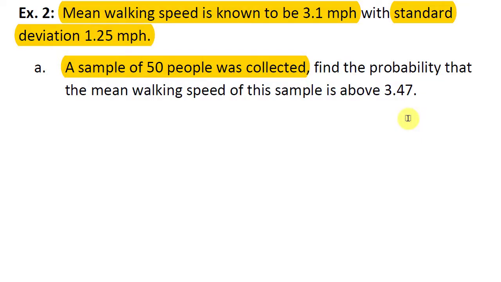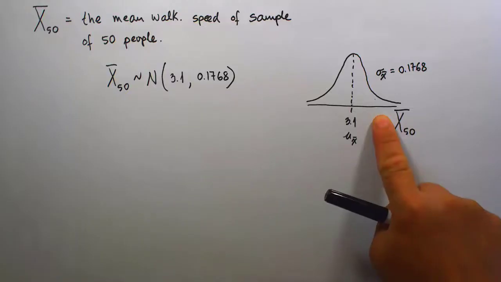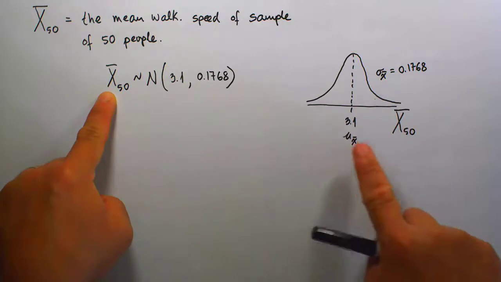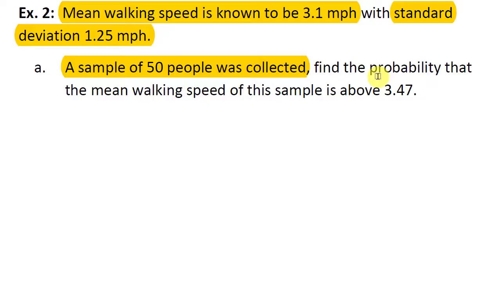Back to my computer screen, we're now ready to answer our actual question of part A. The foundation here is that we know we're on a bell curve. This distribution of sample mean, size 50, is on a bell curve. So find the probability that the mean walking speed of this sample is above 3.47.